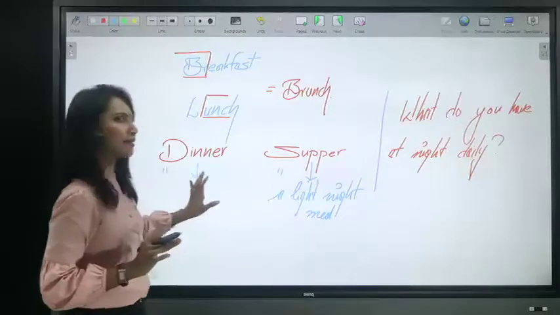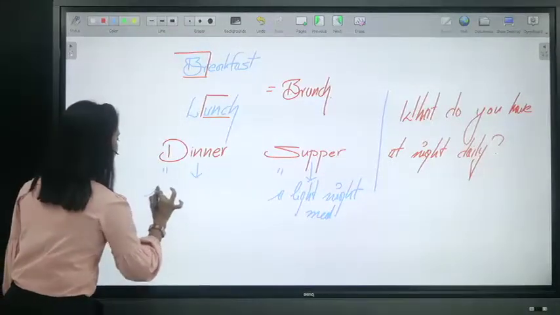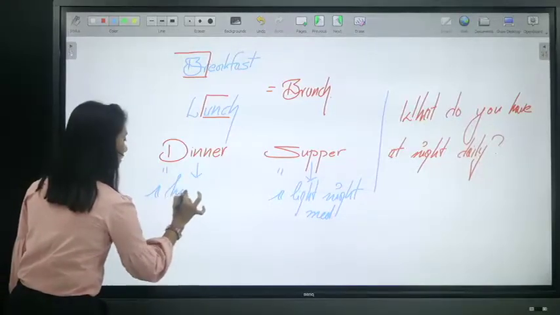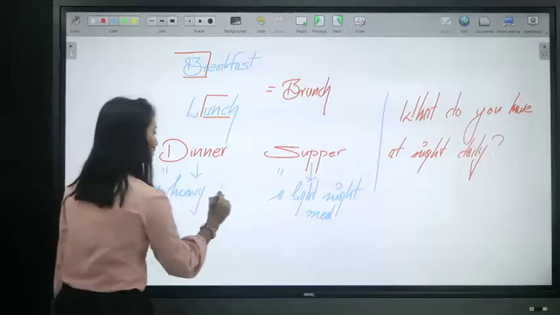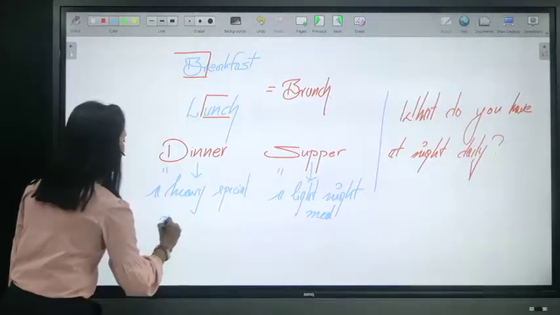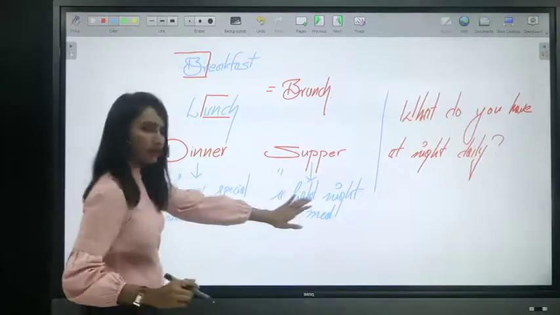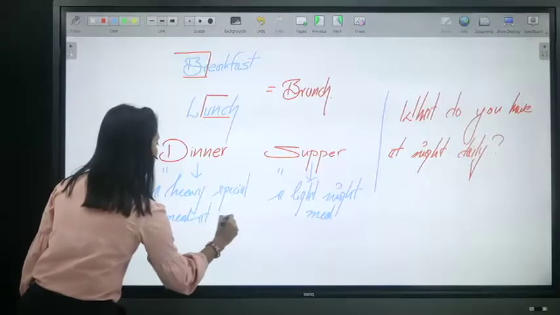Whereas dinner is a special, slightly heavy meal. Supper is the regular meal at night.